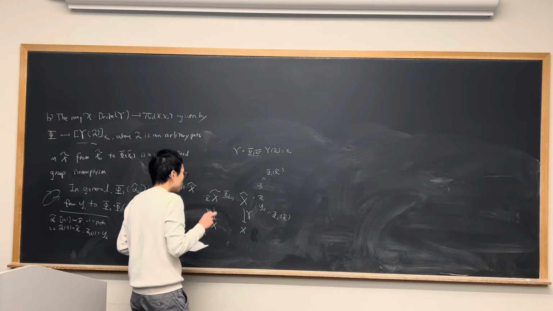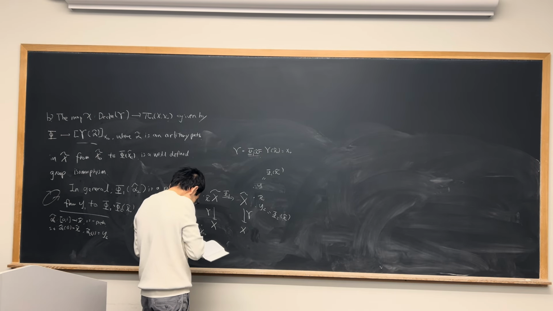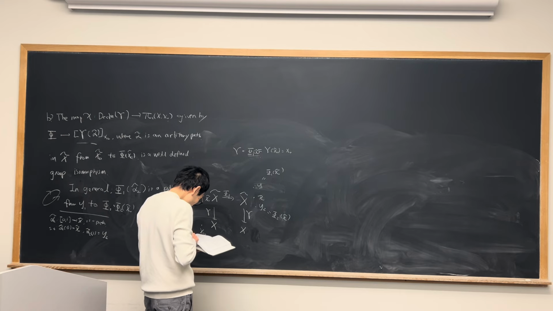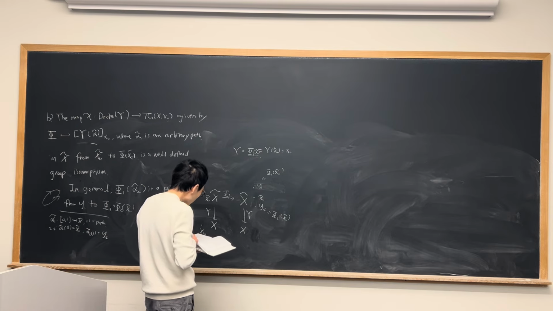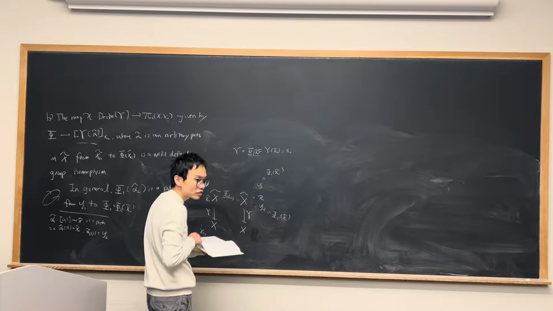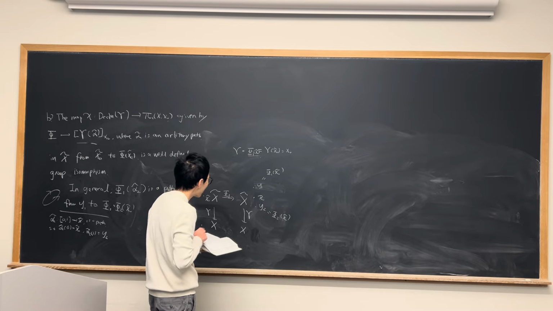Now what you do is draw a path, right? This alpha 1 is a path that starts at x naught tilde and ends at y1.